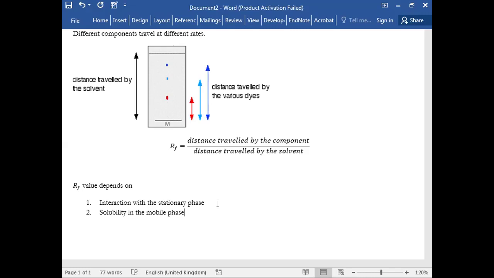The stronger the interaction of a particular component with the stationary phase, the shorter the distance, and the more soluble the component is in the mobile phase, the farther up it will travel. Is that right? Now related to the RF values, the stronger the interaction with the stationary phase, the smaller the RF values. इसको लिख लो.